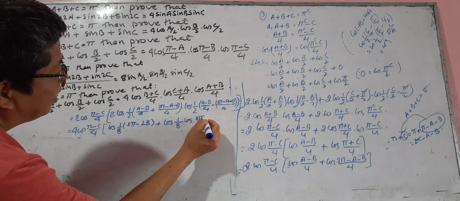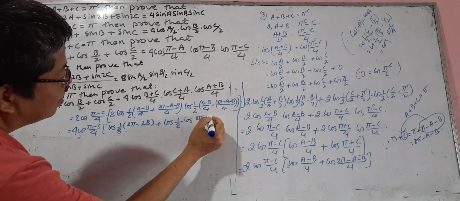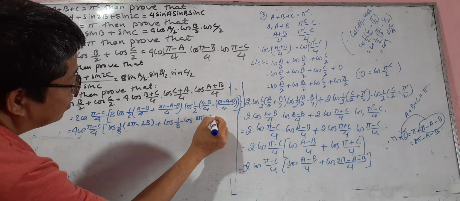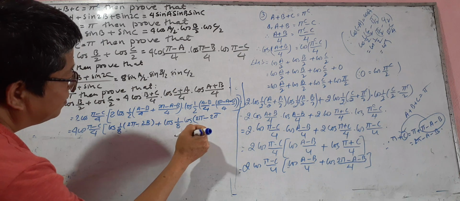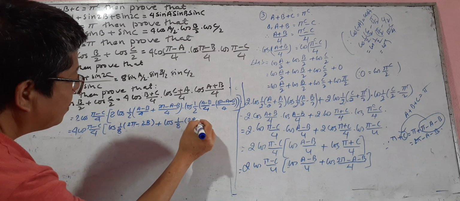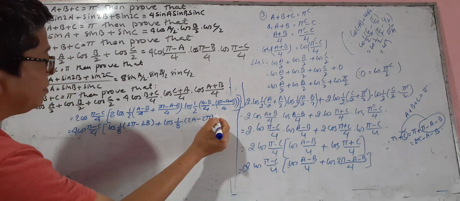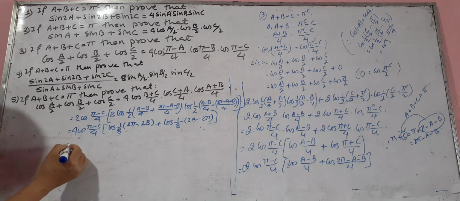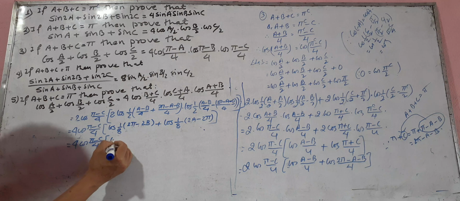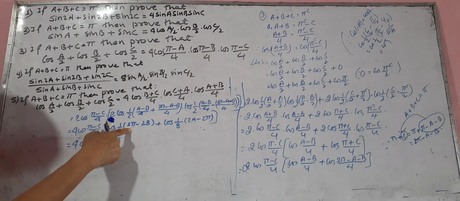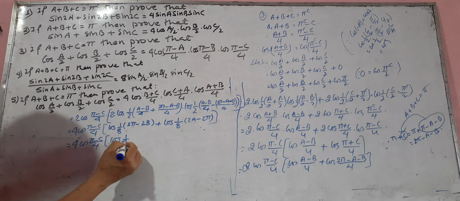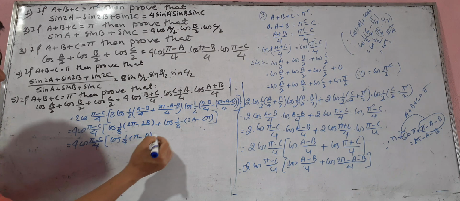Then we get cos (2a plus 2a minus 2 pi), that is 2a minus 2 pi. Okay, that's just the simplification. Look here, 2 is common from these two terms, and there is a 1/8, so it becomes 1/4 (pi minus b).